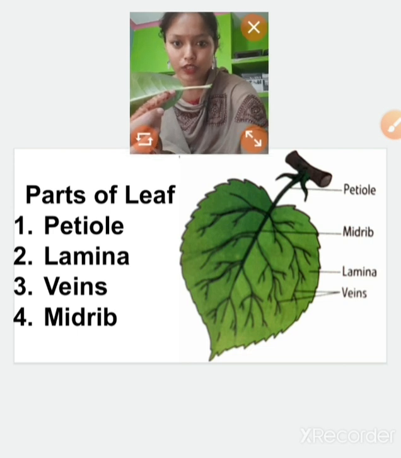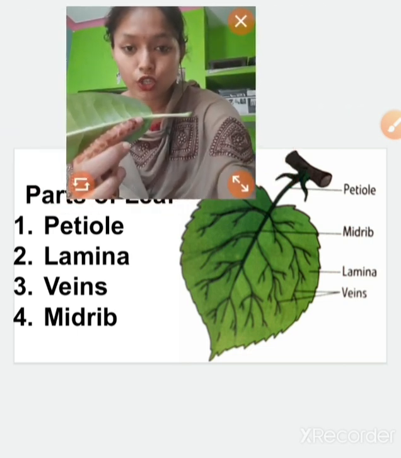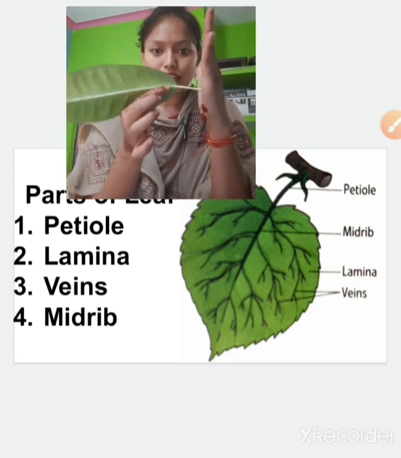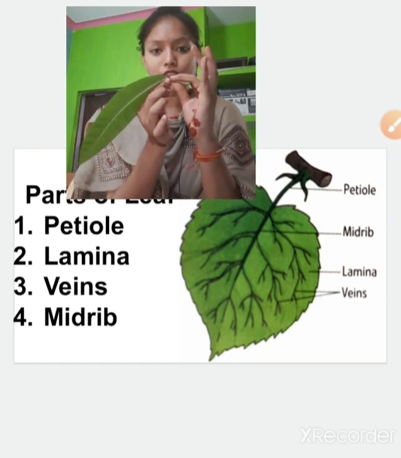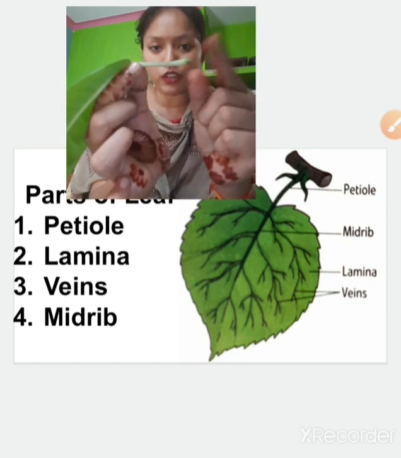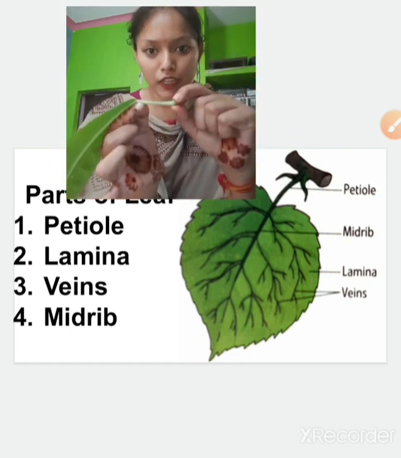I'll make it more clear. So this part of the leaf, which is attached to the stem, if this is a stem and this leaf is attached to it, this part of the leaf is known as the petiole. It is known as the petiole.